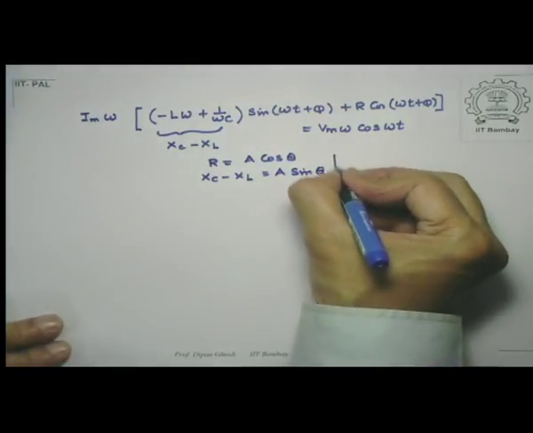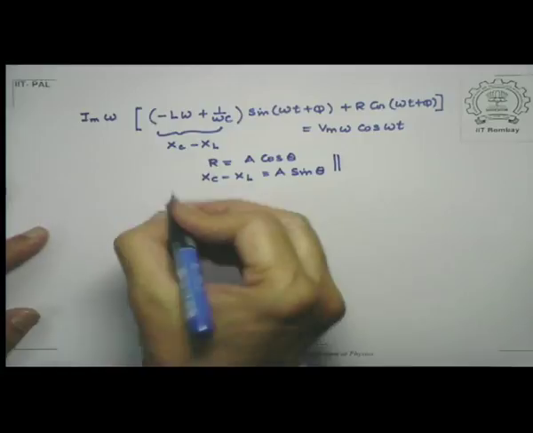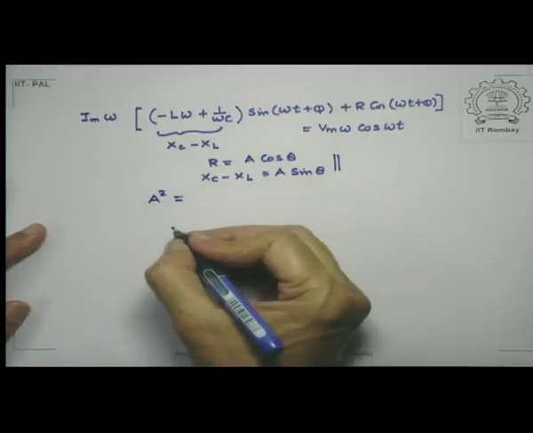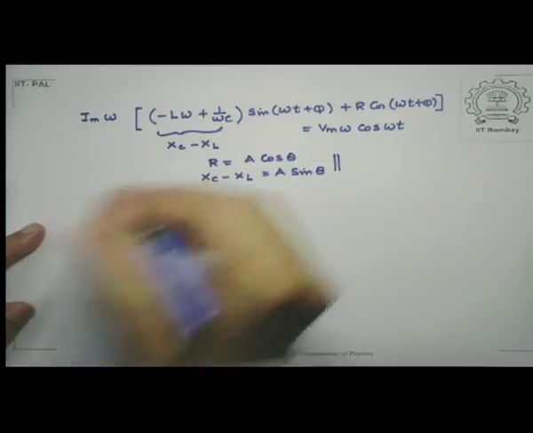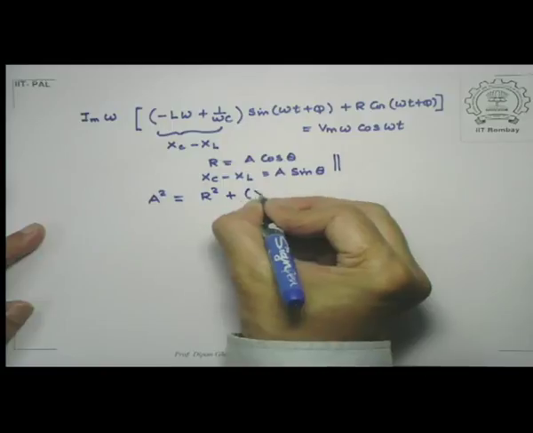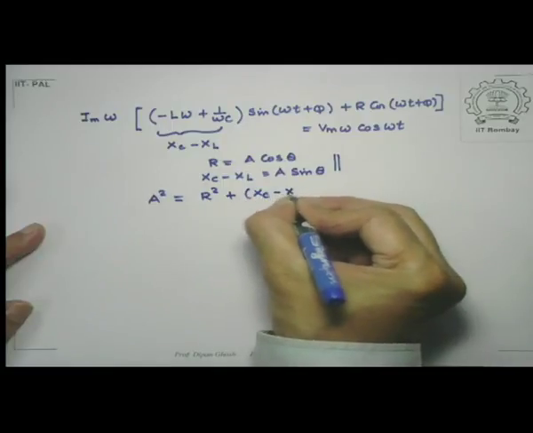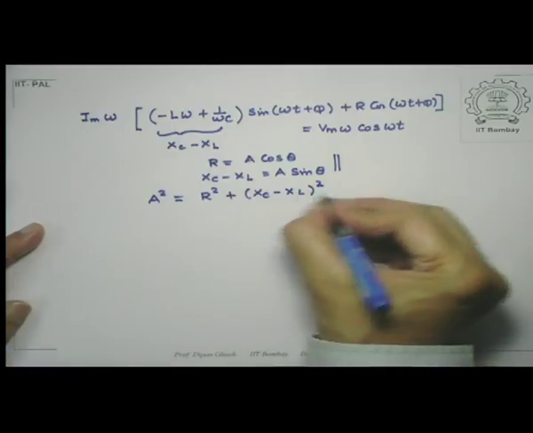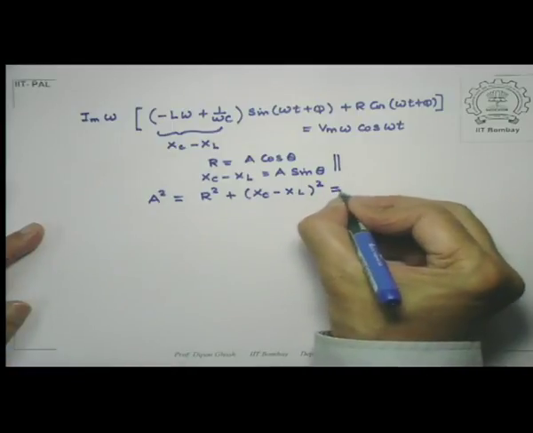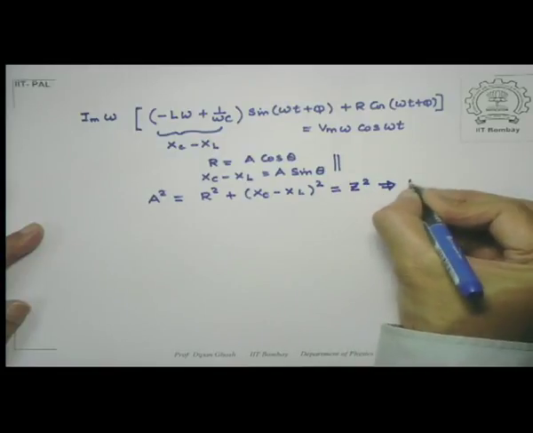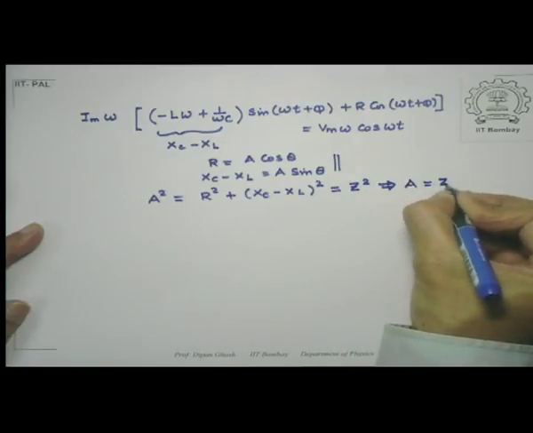But you can immediately see from these two relationships, I have a square equal to a square cos square theta plus a square sine square theta, which is r square plus xc minus xl whole square. And that, if you recognize, is nothing but the impedance square, z square, which tells me that a is simply equal to z.